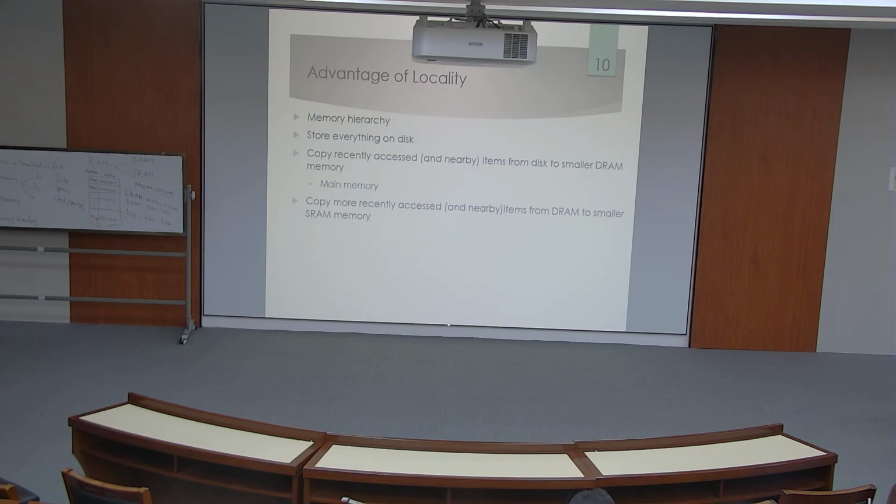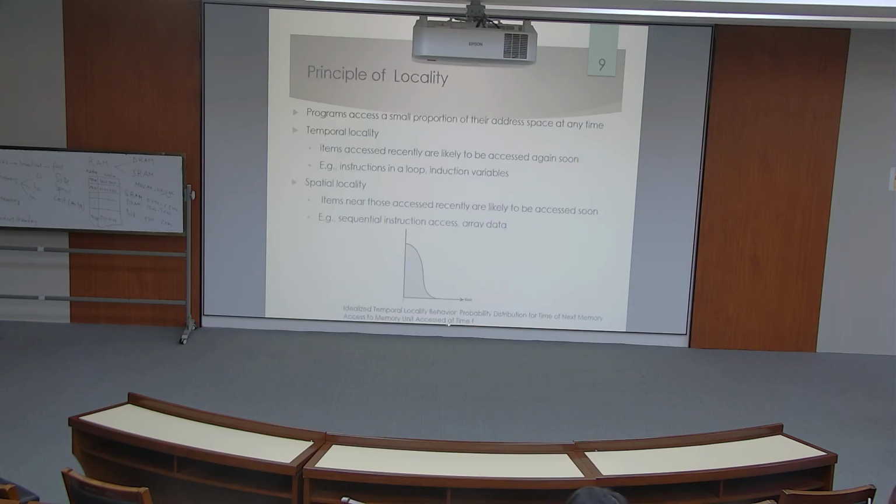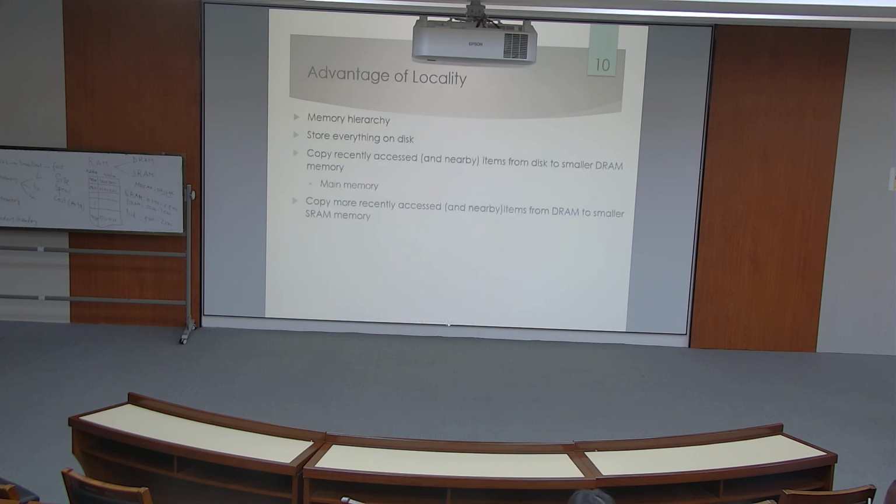Now, what are some advantages of using the principle of locality? We just saw that memory locality indicates the tendency of a program to access the same memory locations or nearby memory locations. We need to copy recently accessed data items from the disk to the smaller memory, let's say the DRAM memory.